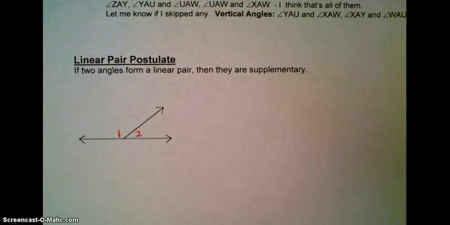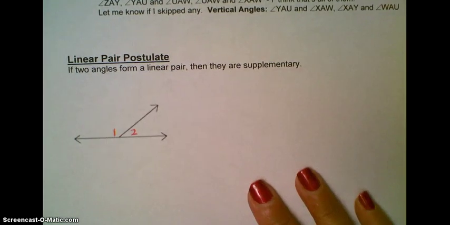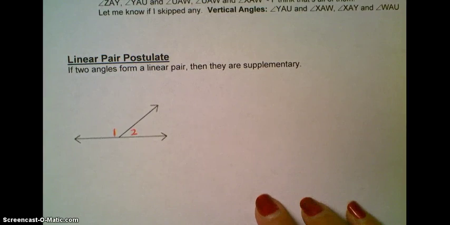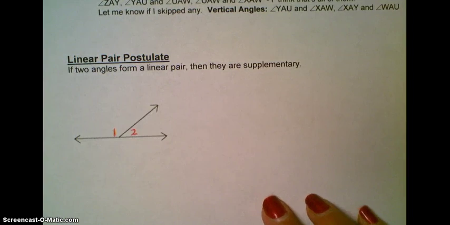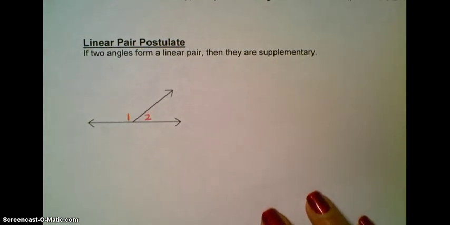Alrighty. To go along with our special angles, we also have a postulate that we are going to use constantly when we are dealing with proofs later on in the upcoming chapters. So the first one's the linear pair postulate, and it says if two angles form a linear pair, then they are supplementary.